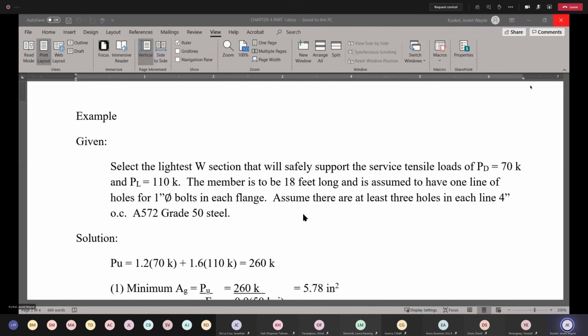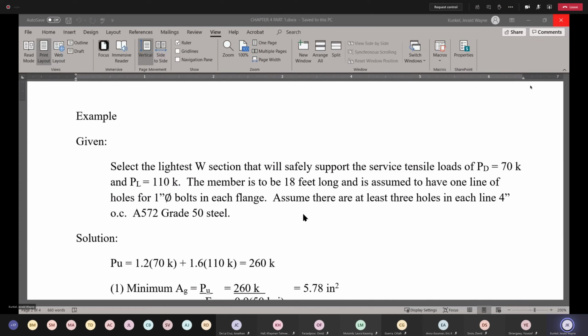Then included in that sentence, it says it is assumed to have one line of holes for 1-inch diameter bolts in each flange. Assume that there are at least 3 holes in each line, 4 inches on center. So that should tell us something. From our analysis, now we know that we have a U factor. We need to figure out the effective net area of whatever member we choose.